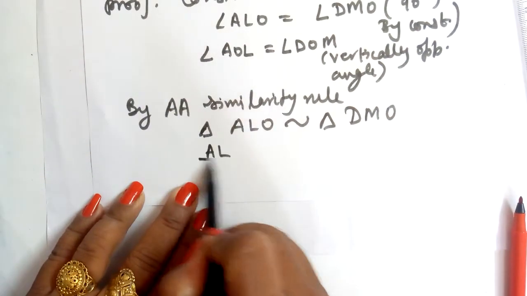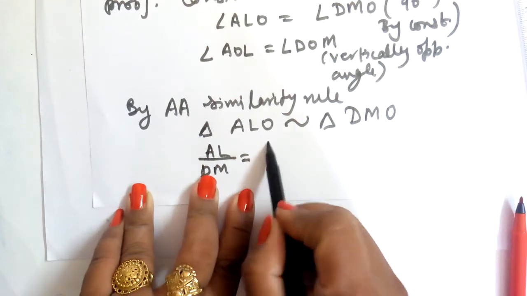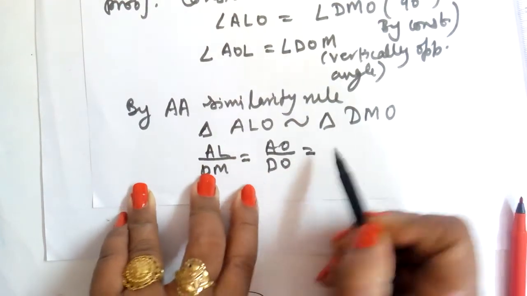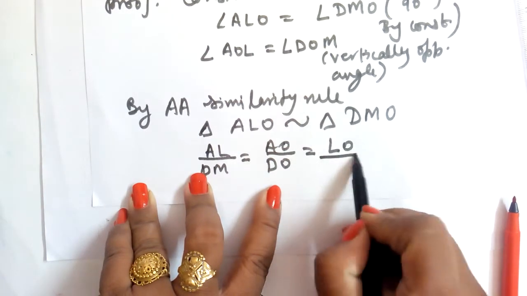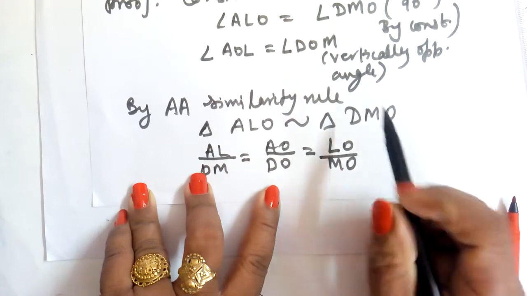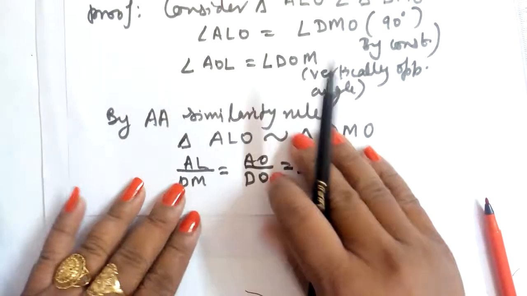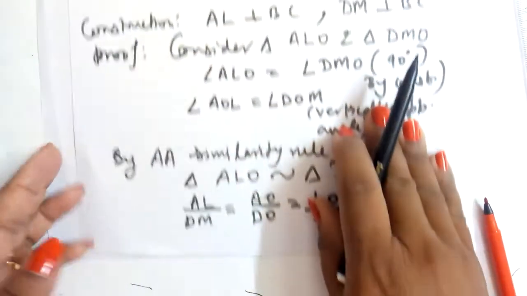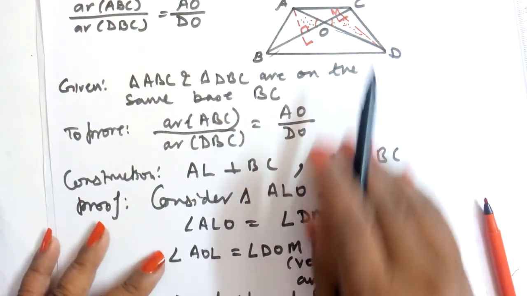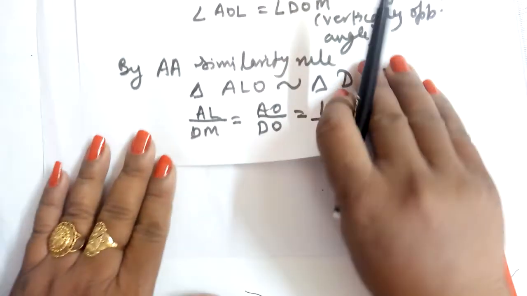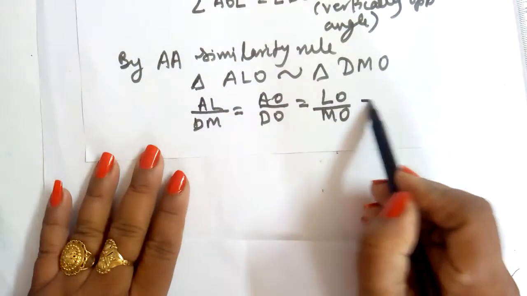So AL upon DM is equal to AO upon DO is equal to LO upon MO. Because we have taken triangle ALO first, we have written all its sides in the numerator, and for the next triangle we have written all its sides in the denominator. I hope it is very clear to you. Now we have got this very first equation.